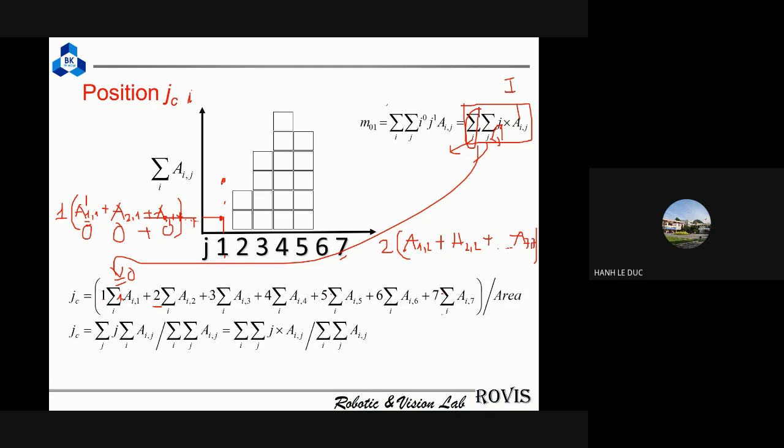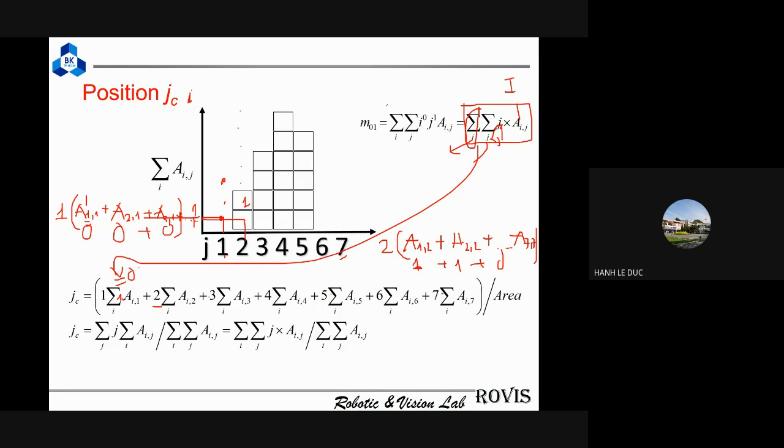So A12 is 1 here and 2 here, so it becomes 1 because the intensity is 255. A22 is also 1, so plus 1, and the remaining are 0.